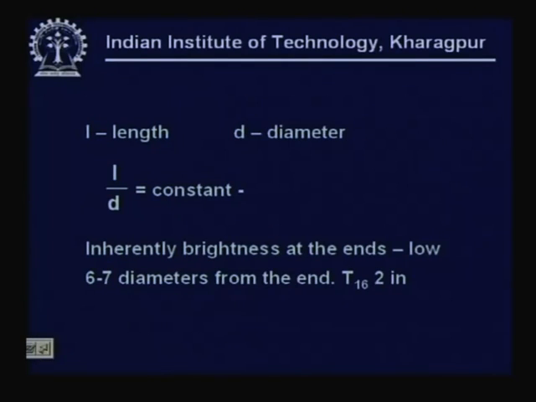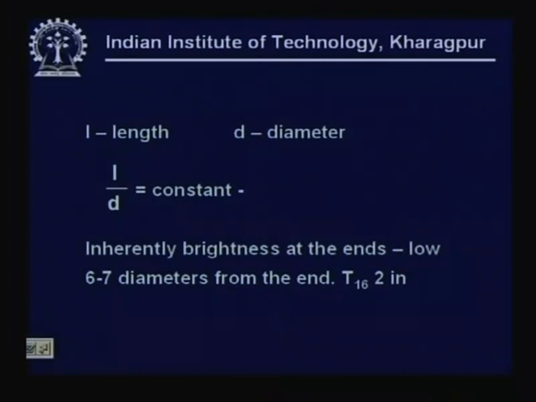The normal fluorescent lamp which we are using is around 24 mm, about an inch in diameter, which means about 6 inches from one end you expect reasonably uniform brightness to develop. So, that is why a very short fluorescent lamp tube may not be a very good idea.